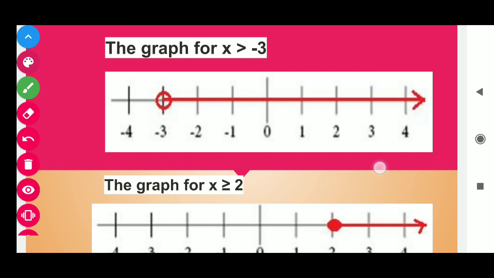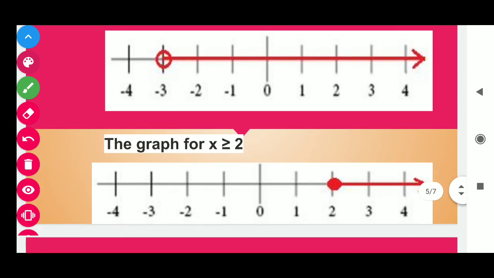So students, here we have the next example also. You can see the graph for x greater than or equal to 2. Here you can see that the point is 2, so represent 2 and the neighboring points on the number line. You can see here the equality sign as well. x is greater than or equal to 2. So students, you have to show and represent on the line that x must be greater than or equal to 2.